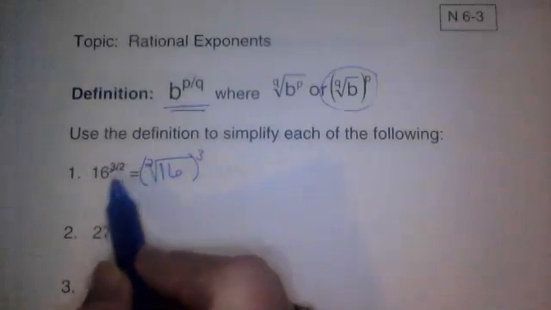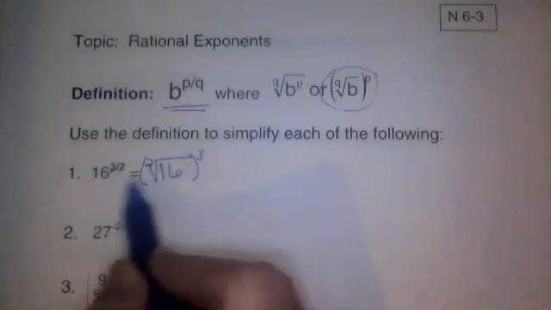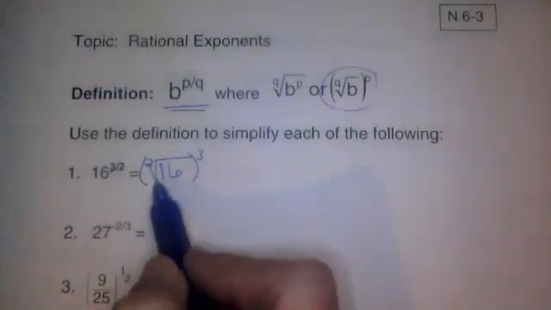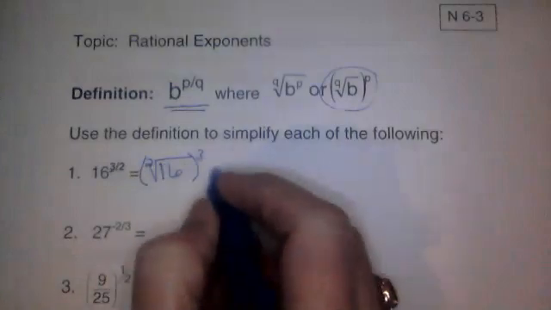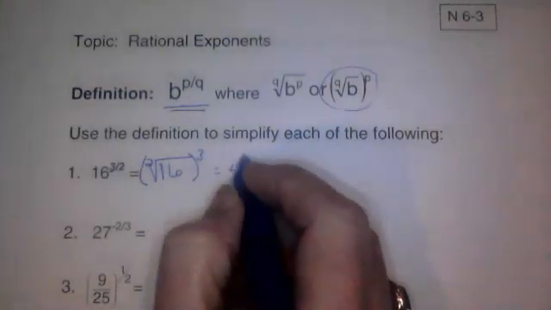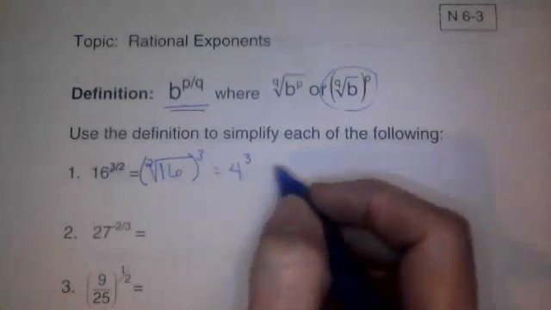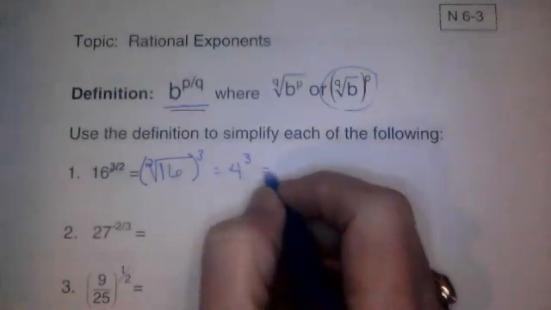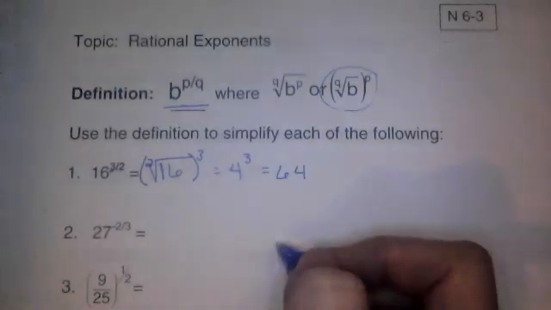So here's what I'm talking about. If I want to do this, which is this form, I would be taking the square root of 16, which is 4, then raising it to the third power, and 4 times 4 times 4 is 64.